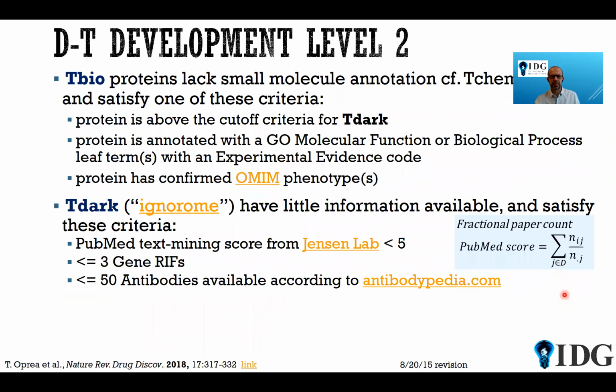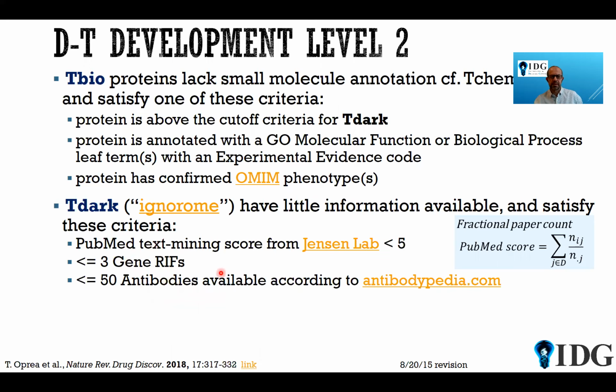The other 2 categories of targets that we annotated are Tdark, also called the ignorome, for which we do a fractional publication count, which was pioneered by Lars Jensen in Denmark. We also look at Gene RIFs, gene references into function, and we also count antibodies available via antibodypedia.com.